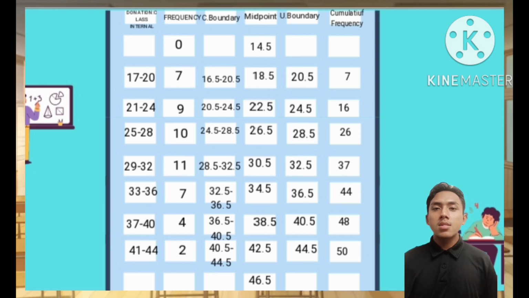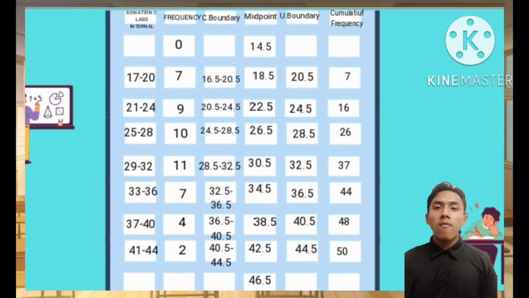Next is the right way: take the right number of the class interval, which is 20, and add 0.5, which equals 20.5, and then do the same for the rest.